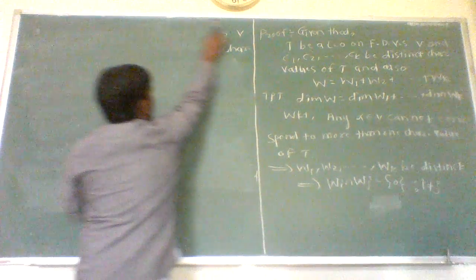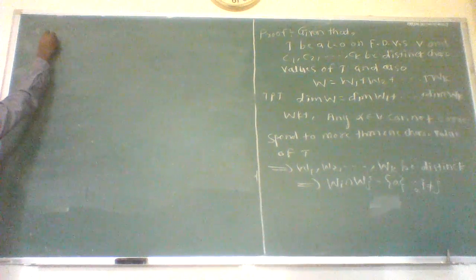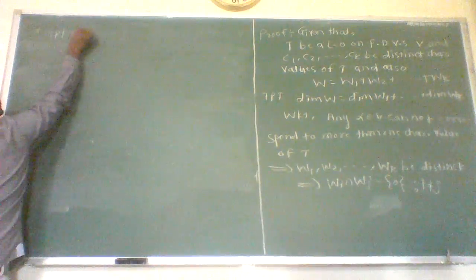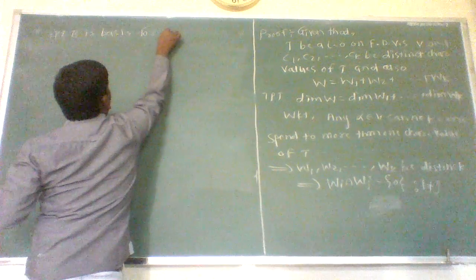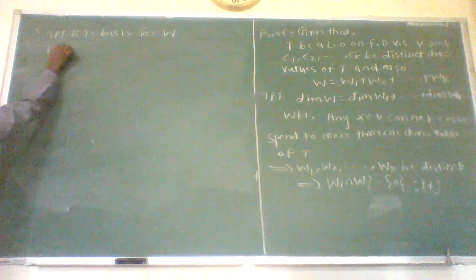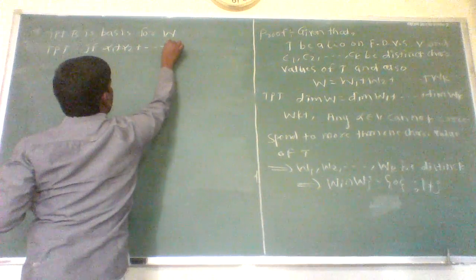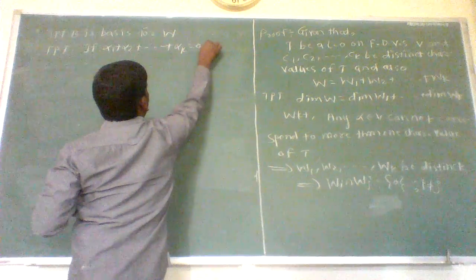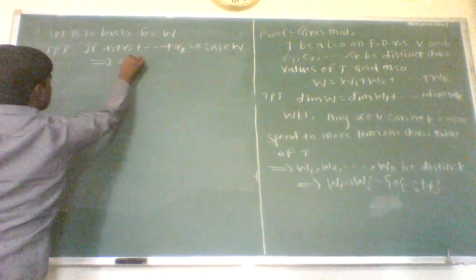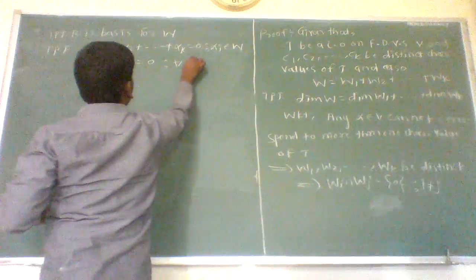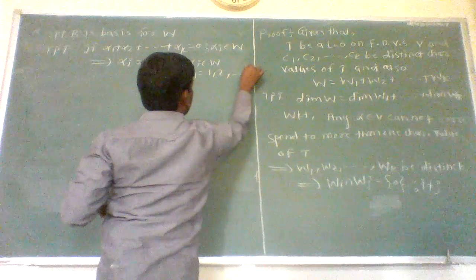We have to prove that the curly B is an ordered basis for W. Okay. To prove that curly B is a basis for W, we have to prove that if alpha 1 plus alpha 2 plus up to alpha k is equal to 0, with each alpha i belonging to Wi, then alpha i must be equal to 0 for all i from 1 to k.